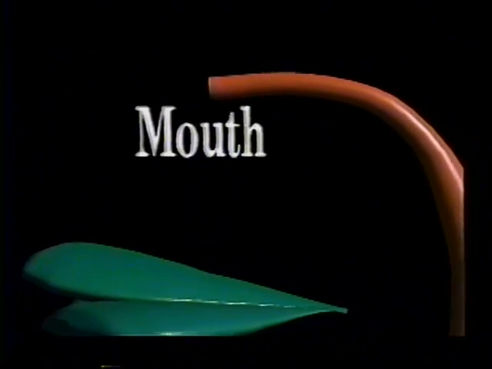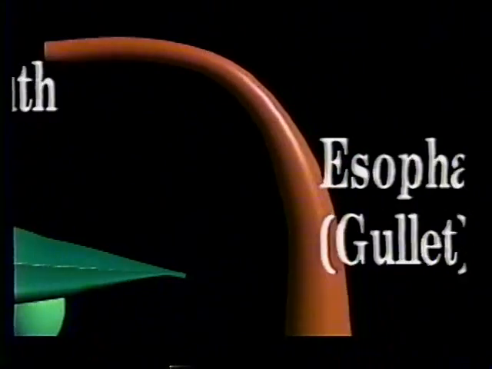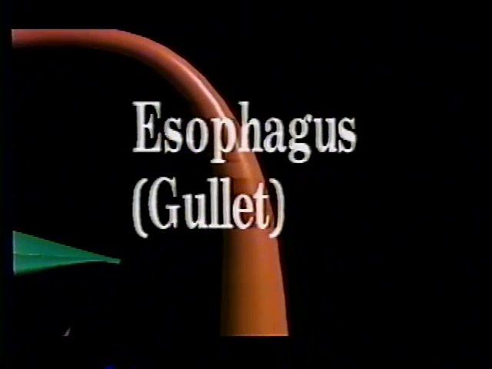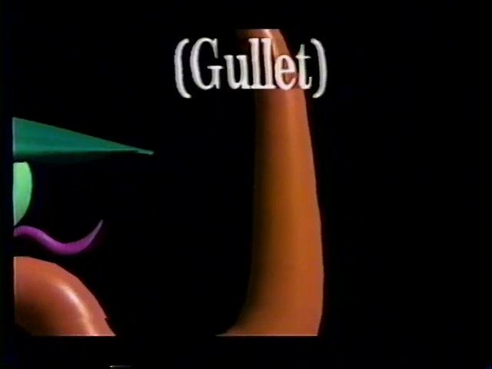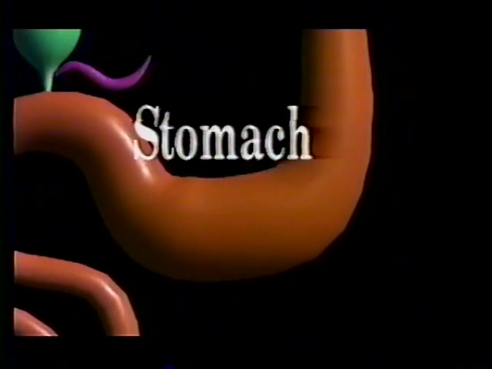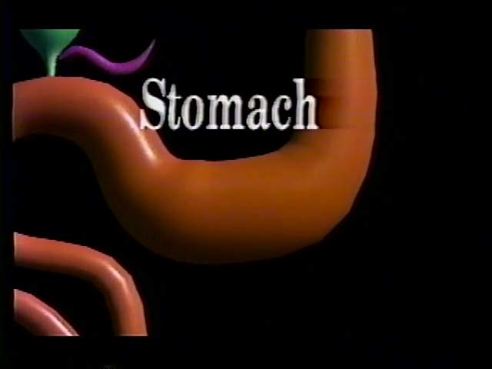To better understand the organs and their relationships, we use this animation of the frog's digestive system. When food enters the frog's mouth, it first travels down the esophagus or gullet. This curved organ is the frog's stomach. Food begins digestion here.